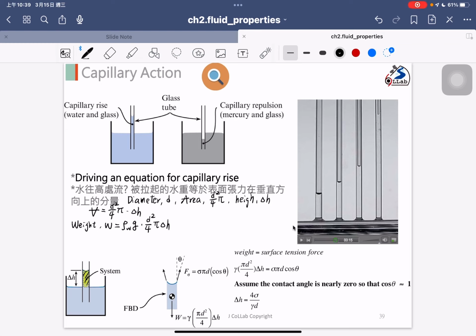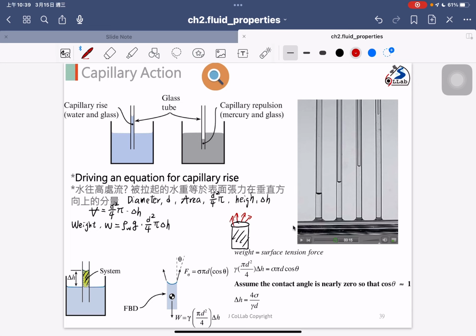As you can see, the surface tension acts on the circle's length. This is our water cylinder, and the surface tension acts around the circle.